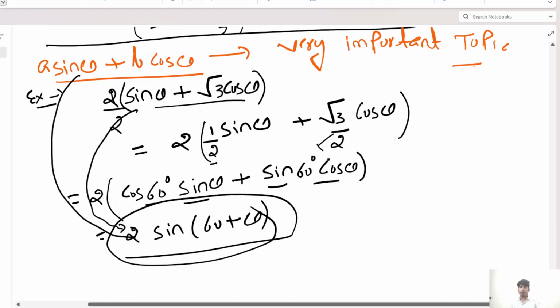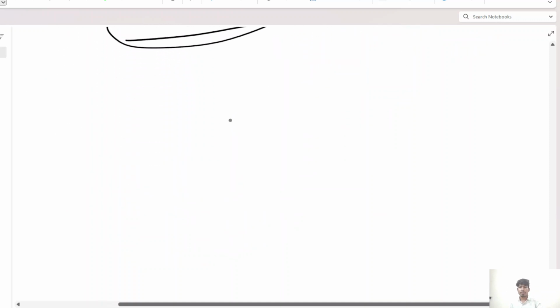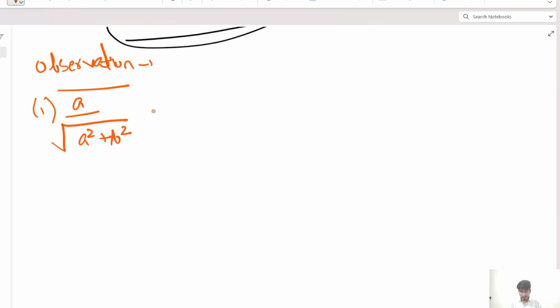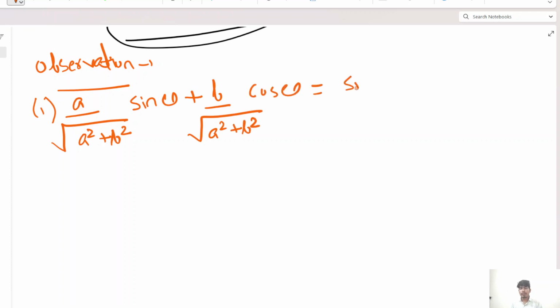Now we know the general form, some observations. The first observation is a upon under root a square plus b square sin theta plus b upon under root of a square plus b square cos theta is equal to sin of theta plus alpha, where tangent alpha is b upon a.